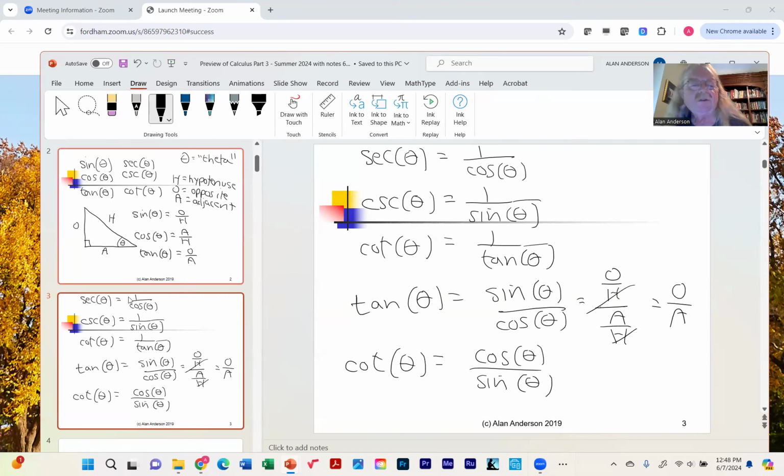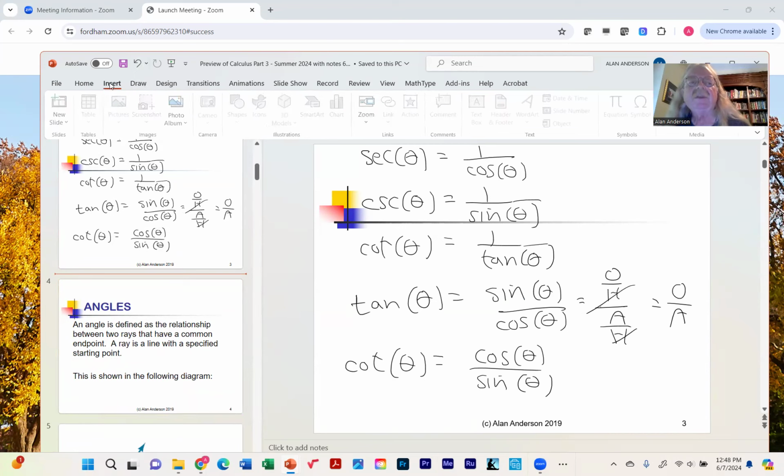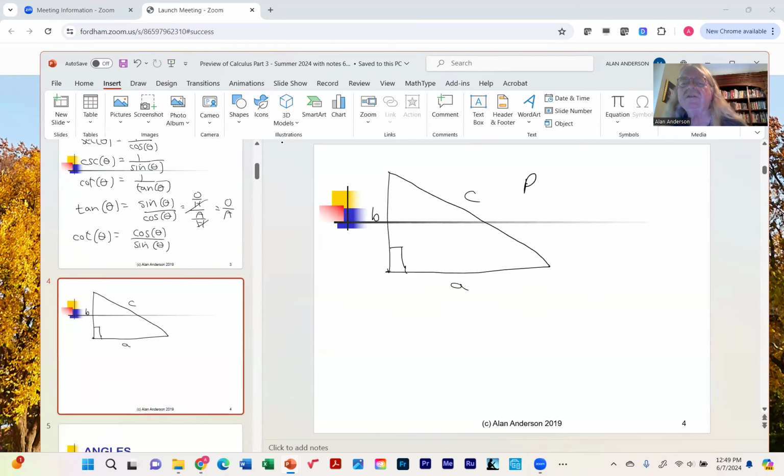A couple of other interesting results we might want to remember. First of all, we want to make sure we remember the Pythagorean theorem. We randomly label these sides A, B, and C. The Pythagorean theorem tells us that A squared plus B squared equals C squared.